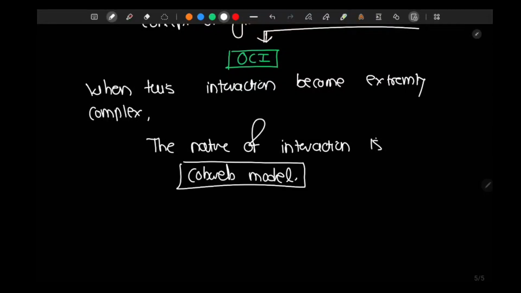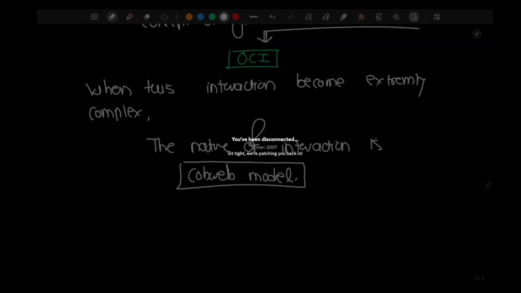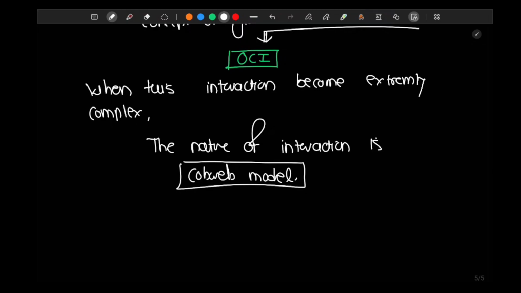What is a cobweb? Cobweb is not a solid model, right? It is not like solid balls, like a solid billiard ball.